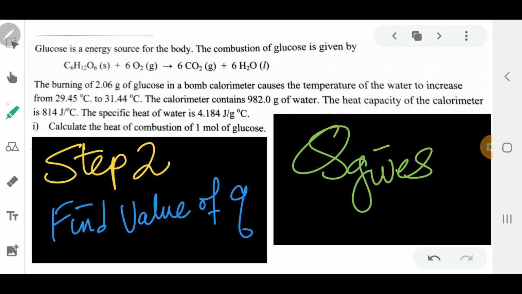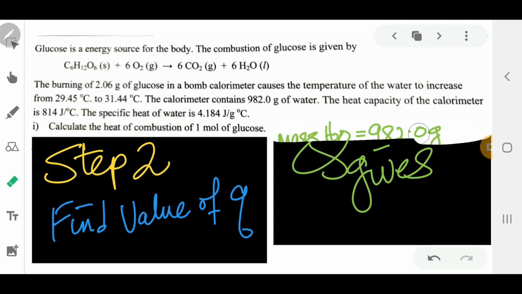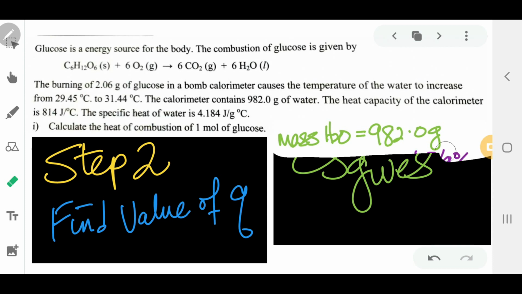Now step 2, now that we have found out which Q absorbed we need to use, we need to find what Q is. First of all, we need to look at what the question gives. The question gives the mass of water inside your bomb calorimeter, which is 982.0 grams.